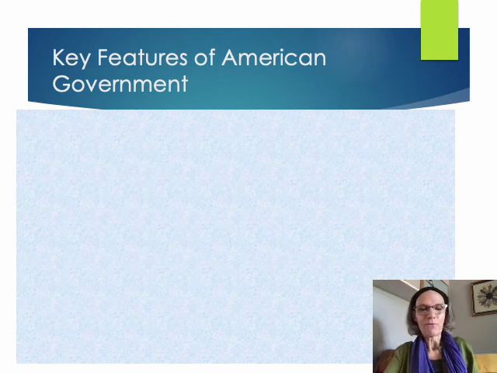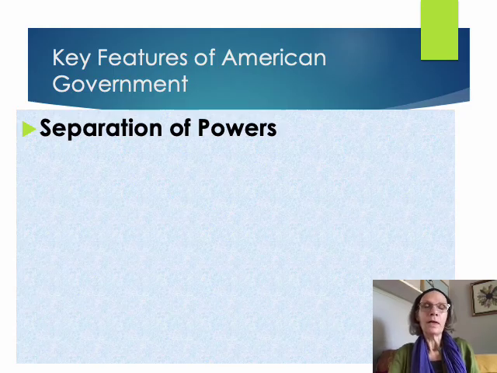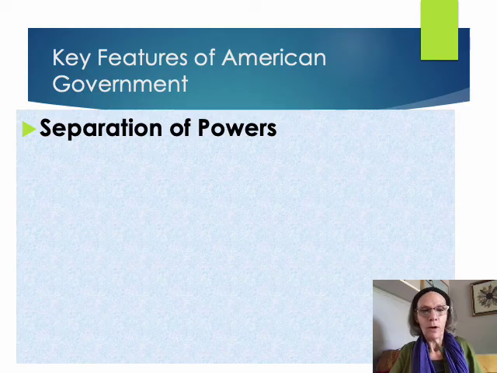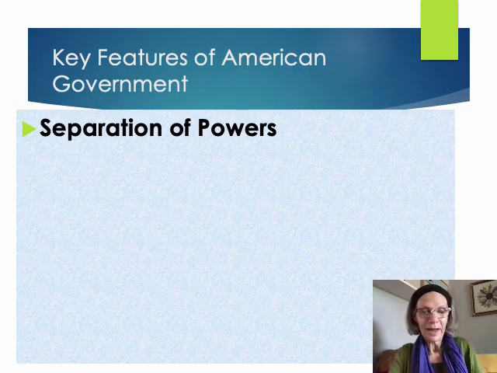So one way that the framers wanted to control against the dangers of abusing power is they said, when we create the structure, the blueprint for American democracy, we want to make sure that power is diffused, that it's separated. Because if you put all the power into the hands of one institution or one individual, that individual could really abuse that power.